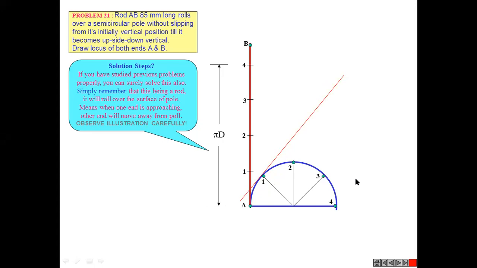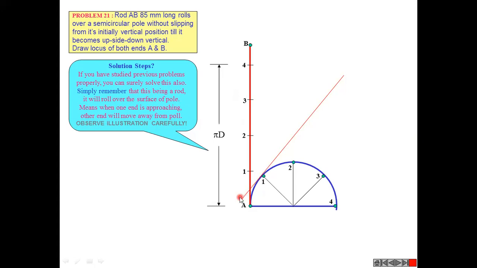Now how will you know how much length I need to draw along the tangent? Anyone answer me? How to fix this tilted length? Because we know the total AB length. So the total tilting length, we know. But how much will be on the left side of this point A, this I am talking about.